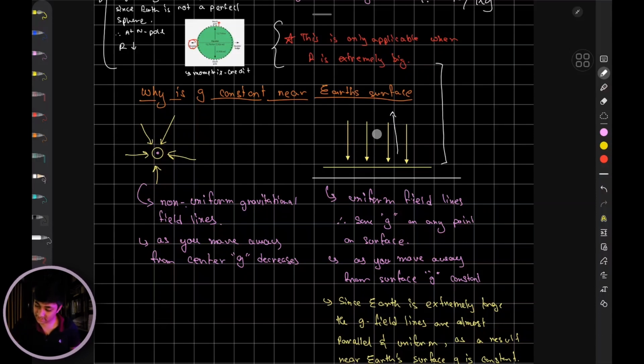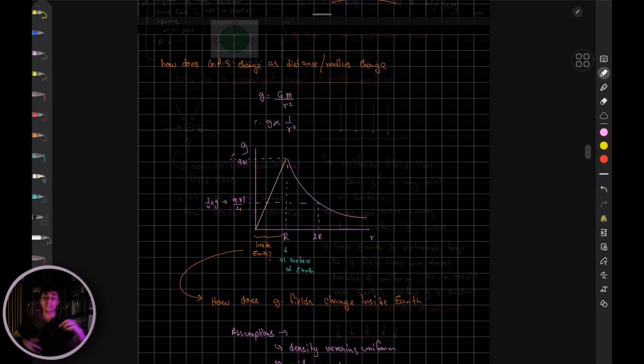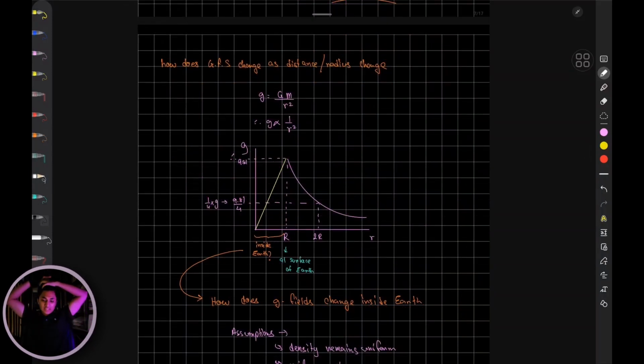Therefore, the field strength does not change much with a small increase in height or altitude. Therefore, due to uniform field lines near the surface of Earth, your gravitational field strength stays approximately equal, which is 9.81, right?